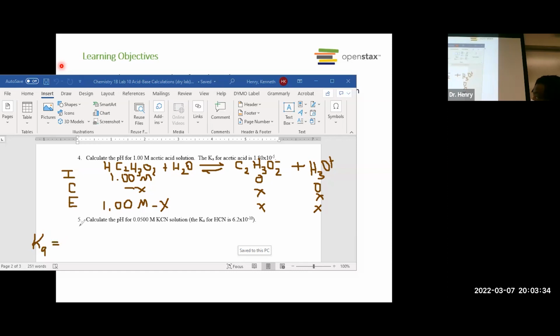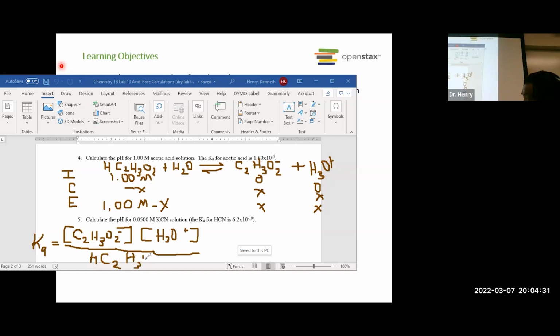So then that is going to be C2H3O2 minus in brackets, all over HC2H3O2 in brackets.